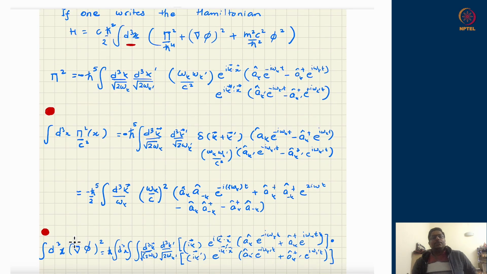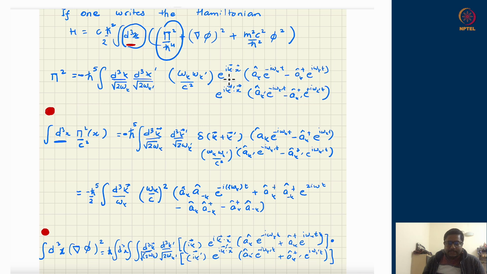Okay, so now let us see what do I get out of it. So remember, I need to do the d3x integral on pi square over h4. So pi square h4 I can write from here directly. First I need to do d3x pi square integral, and then I can divide by h to the power 4. So when I do the d3x integral, d3x will search for the x dependency.